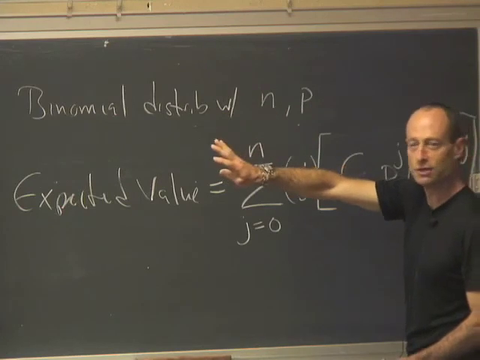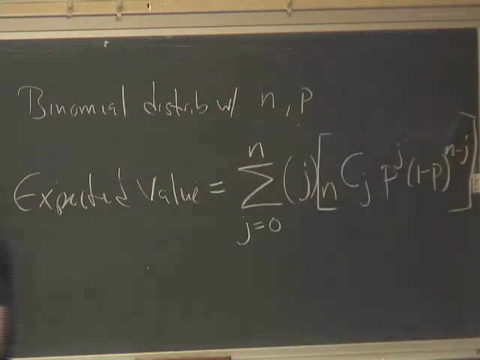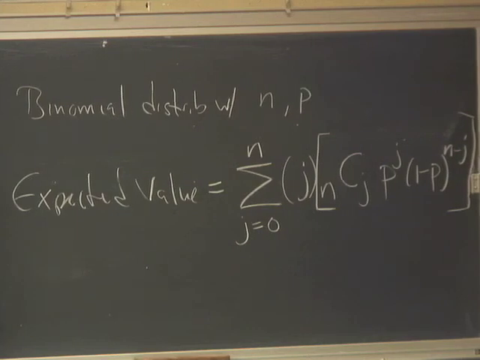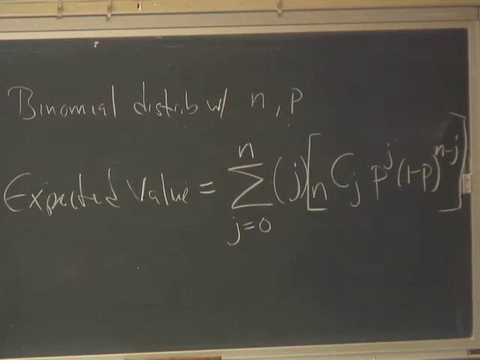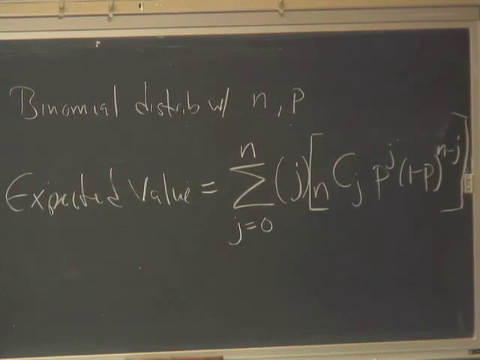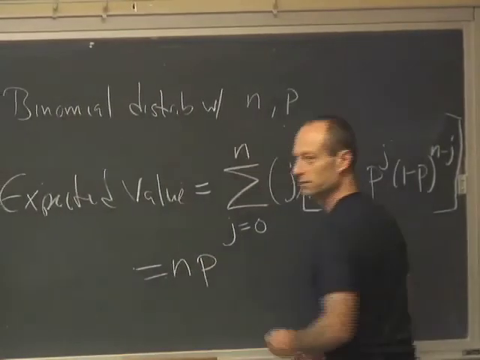And what do we know about the expected value of the sum of n draws with or without replacement from a box of numbered tickets? We know that it's little n times the average of the values on the tickets. And the average of the values of the tickets in this case is p. So this whole thing is just going to be equal to n times p, if we work it out.